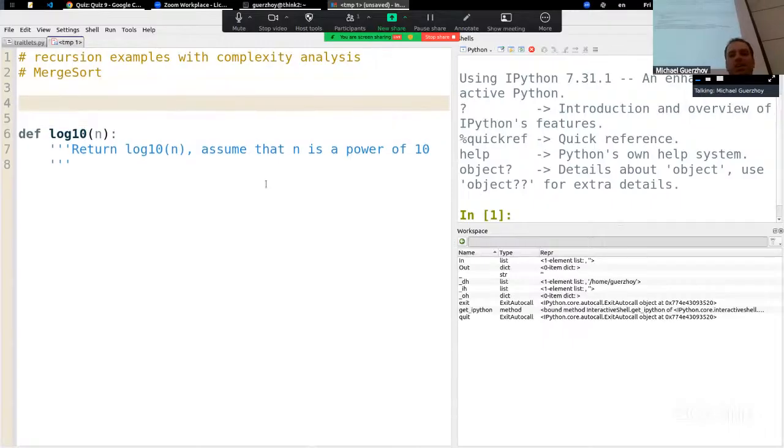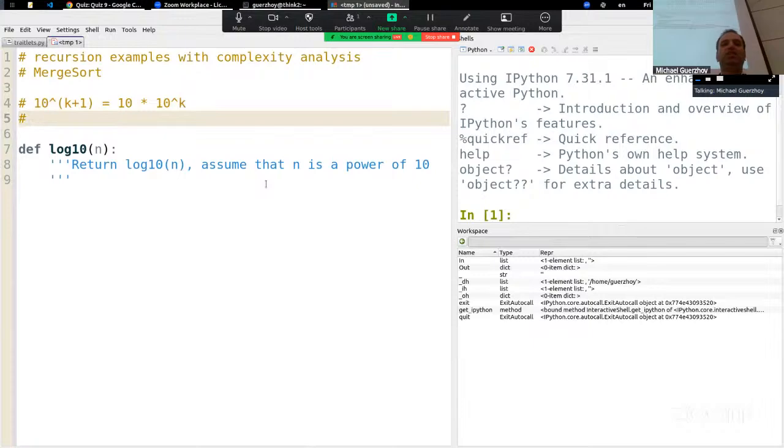So what's the math here? Well, 10 to the power of k plus 1 is equal to 10 times 10 to the power of k. What that means is log 10 of 10 to the power of k plus 1 is equal to log 10 of 10 times 10 to the power of k, so just logs of both sides.